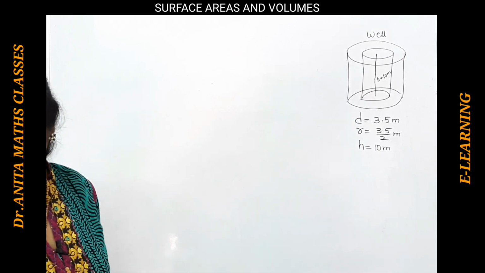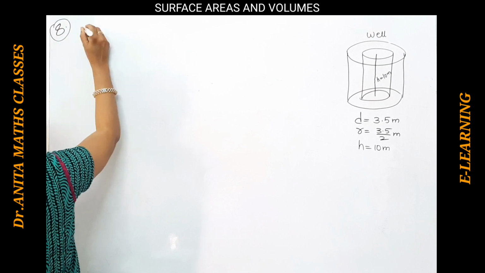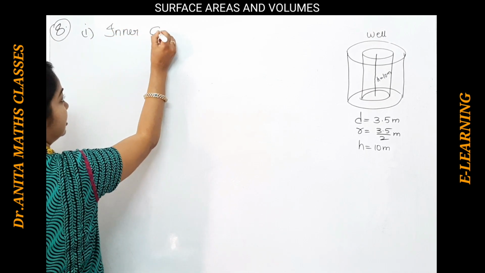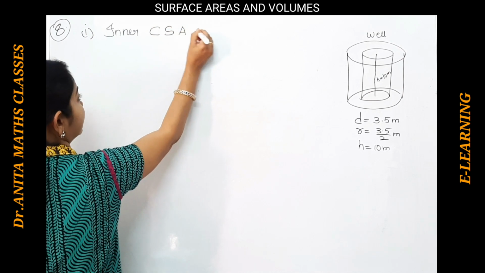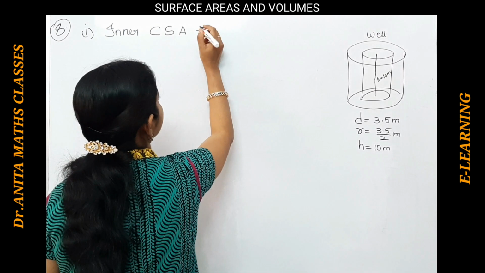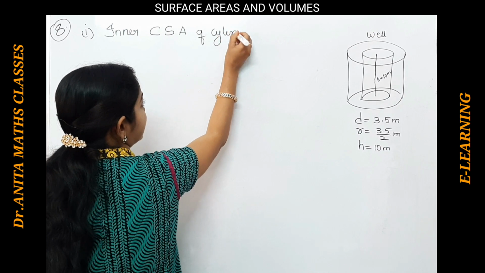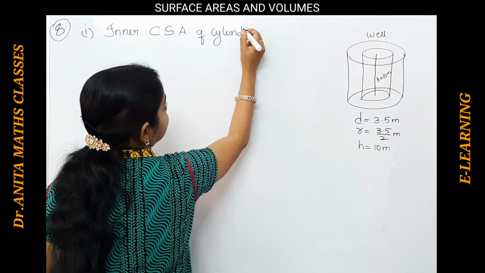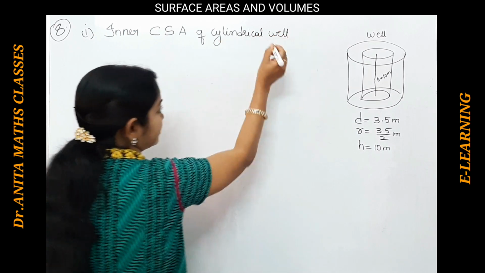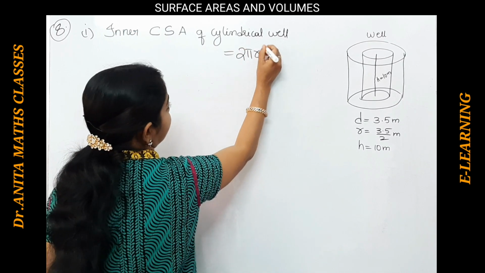And we have to find the inner curved surface area. This is the 8th problem. The first one is the inner curved surface area, CSA. Now, the formula for the curved surface area of a cylinder, here the cylindrical shape is nothing but the well, so I am writing it as cylindrical well, is 2 pi RH.